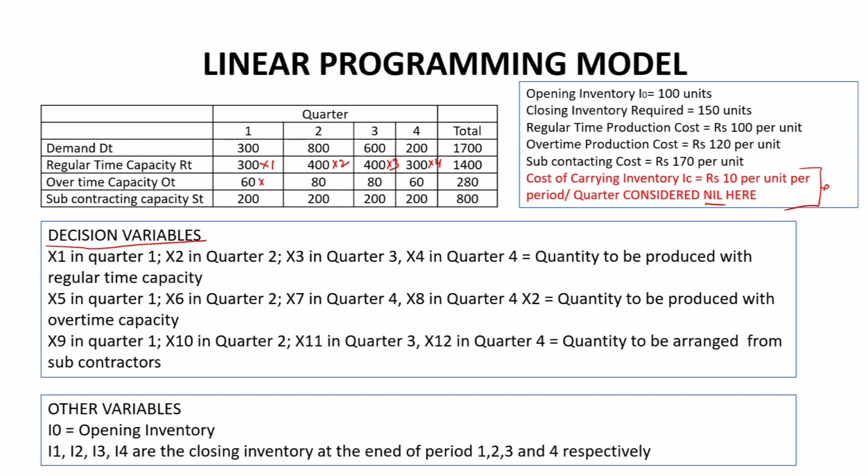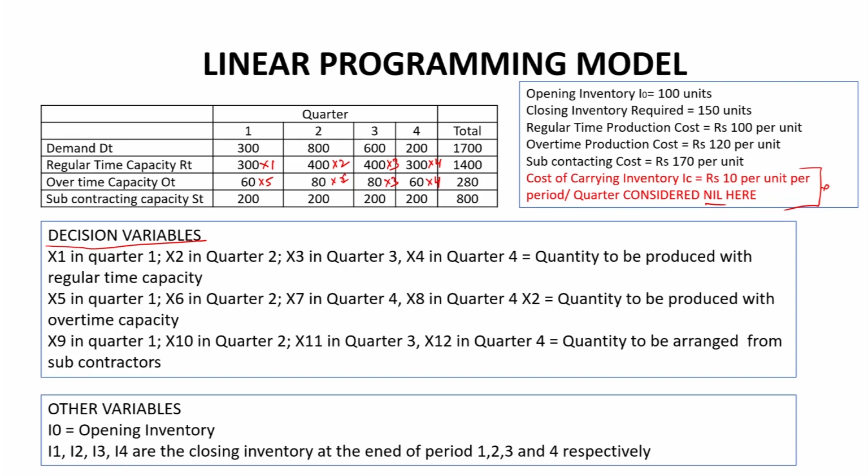Then I have taken x5 as the quantity to be produced with overtime in quarter 1, x6 with overtime in quarter 2, x7 with overtime in quarter 3, and x8 with overtime in quarter 4.